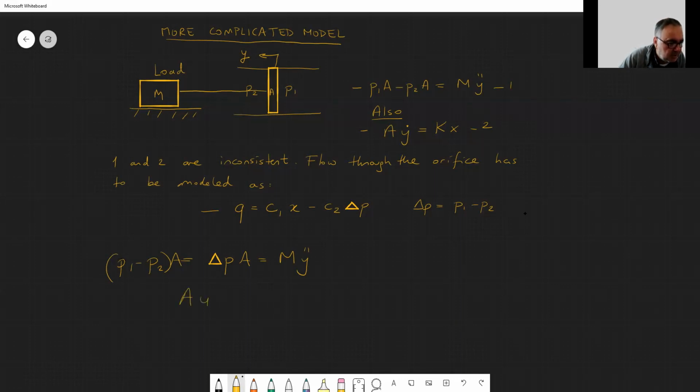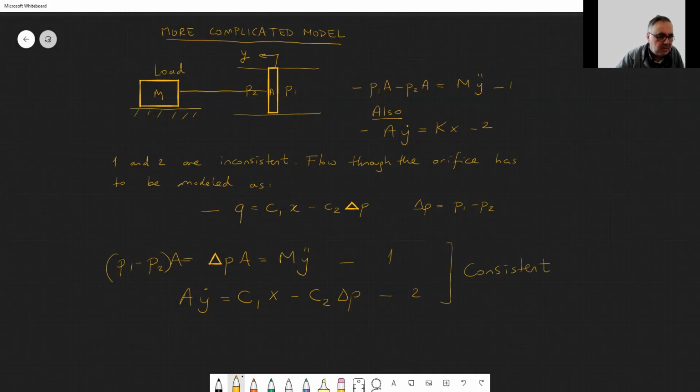Second equation, A y dot is equal to, well, it's not KX anymore, but some constant C1 X minus C2 times delta P, okay? From which we can derive our equations. This is 1, this is 2 now. These are consistent equations.